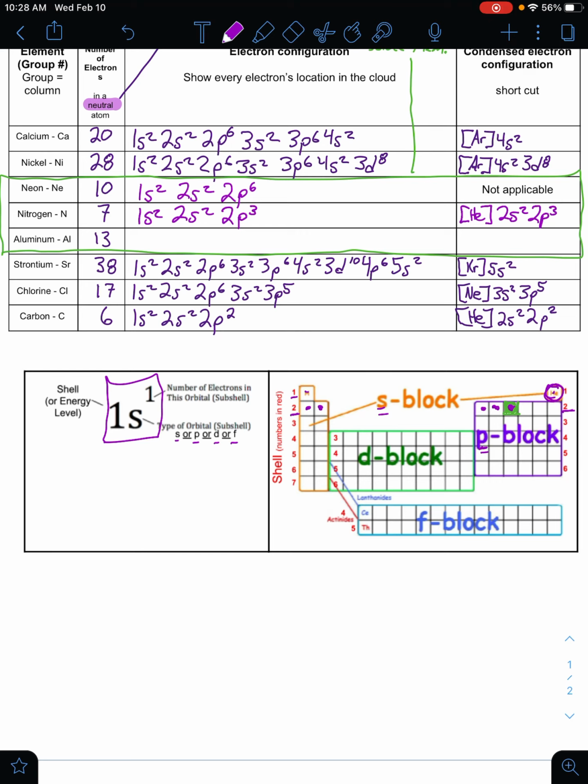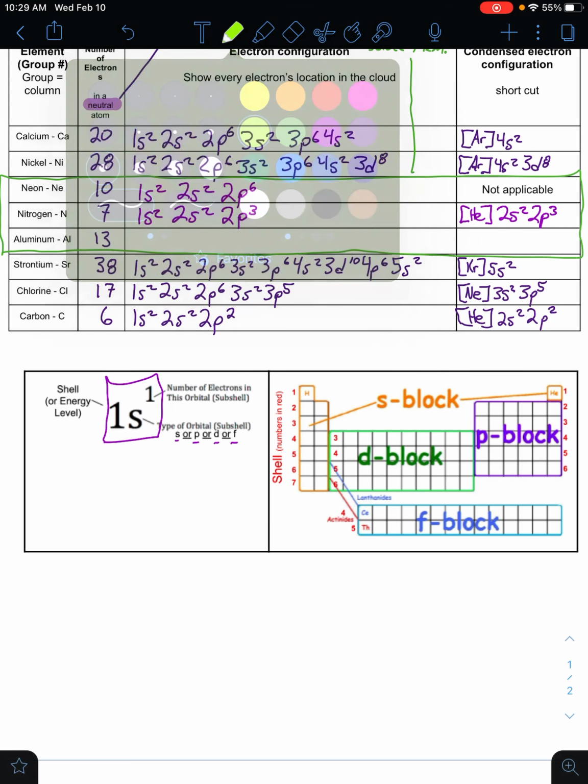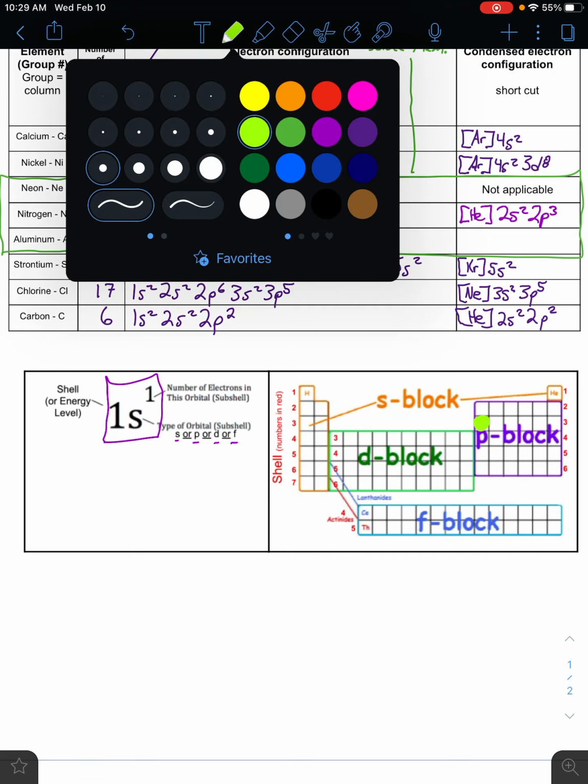Aluminum has 3 more electrons than neon, 6 more than nitrogen. So it's going to start the same way. If we find it on the periodic table, aluminum is right there on the little periodic table down below.